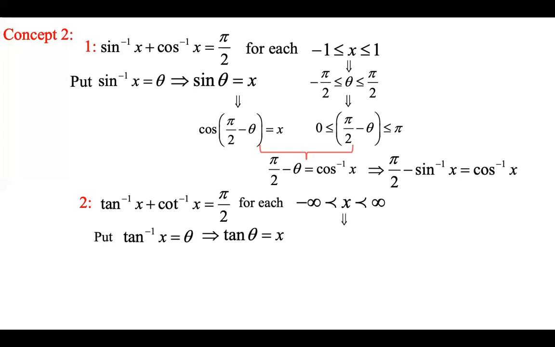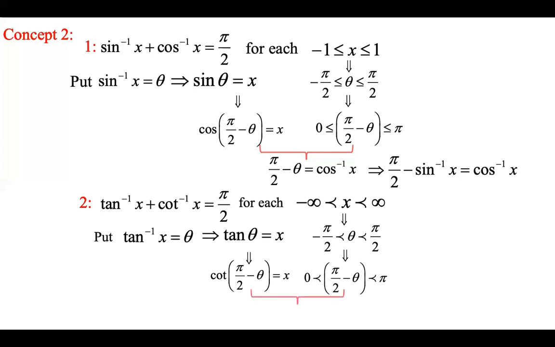Because x is any real number, theta will be in the open interval from minus pi by 2 to plus pi by 2. So once tan theta is equal to x, this can be written as cot of pi by 2 minus theta is equal to x. And once theta is from minus pi by 2 to pi by 2, it follows that pi by 2 minus theta will be from 0 to pi.